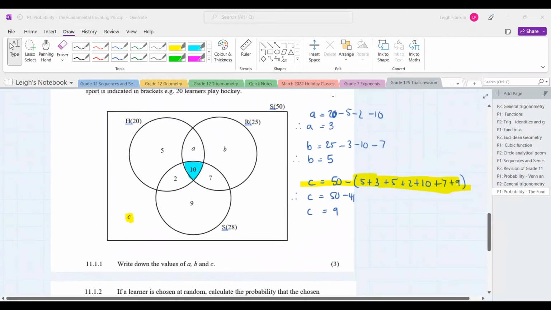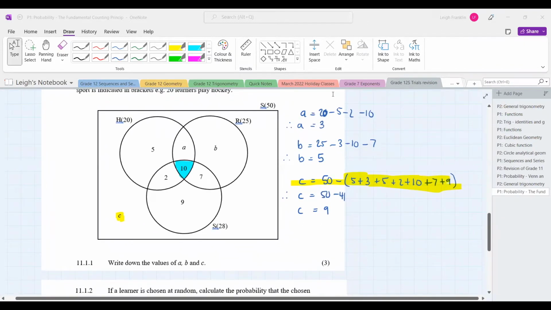I can go back up again and have a look there. So hockey or rugby or soccer. How would we work out what that is? Okay, so Kola, where did you get 19 from?